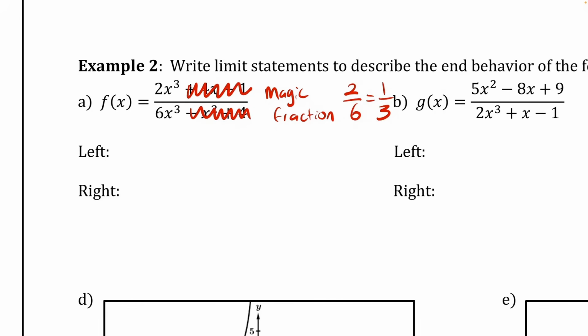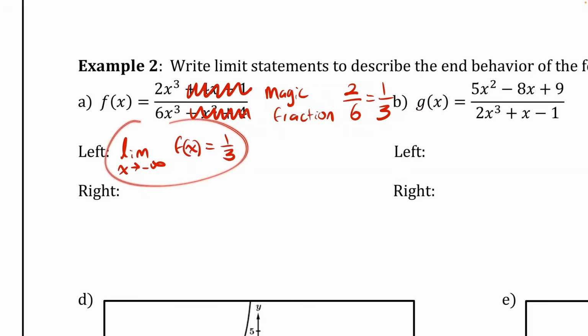So let's practice saying this. On the left, the way that we say that is the limit as x approaches negative infinity of our function, in this case f of x, and that's equal to that height, 1/3. Claire, how do I say the right behavior?